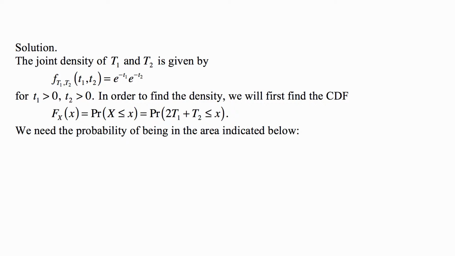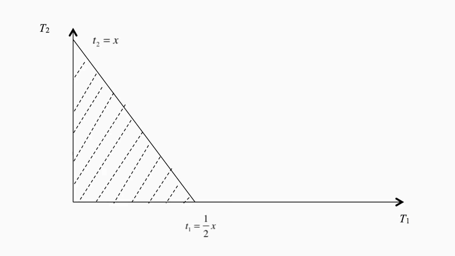And we'll do this by looking at the graph showing us where this event happens, the event that 2T1 plus T2 is less than or equal to x. And here it is. If T1 is on the horizontal axis and T2 is on the vertical axis, look at the line connecting the point T2 equals x on the vertical T2 axis, and T1 equal to 1/2 x on the T1 axis.